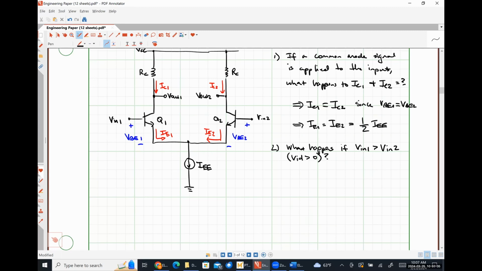So if VN1 is greater than VN2, then what's the relationship between VBE1 and VBE2? VBE1 would be greater than VBE2.